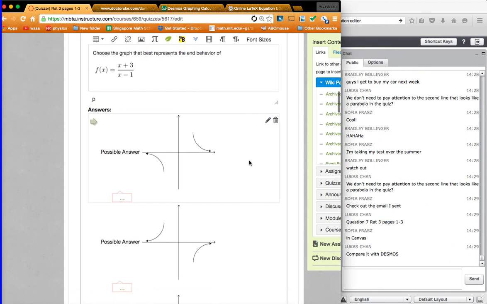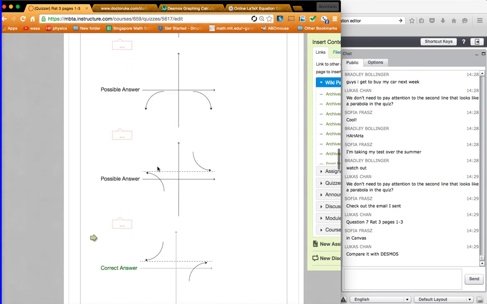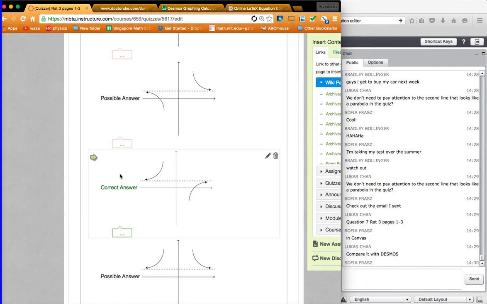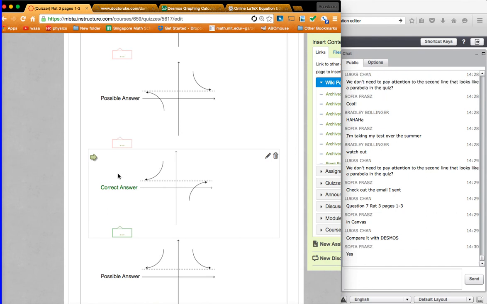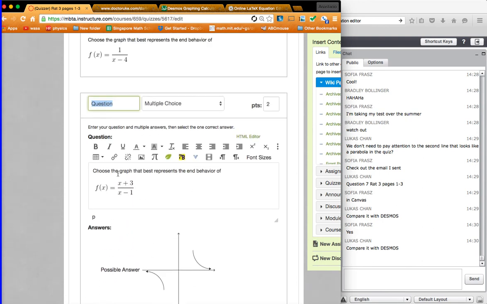Yeah, Sophia emailed me about that one. Hold on. This one is going to have a horizontal asymptote at 1. And so the answer should probably be something like this right here. Okay, fine. Let me investigate it further. It has an x-intercept at -3.